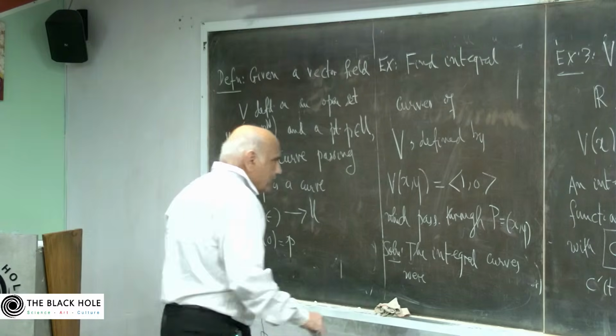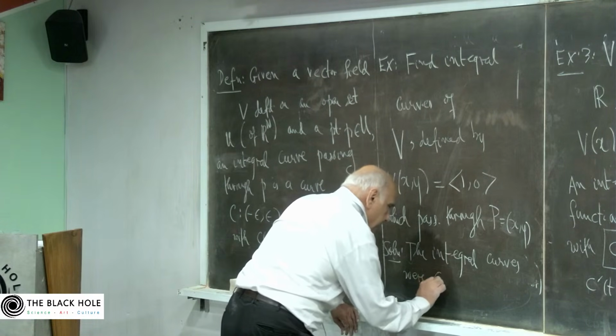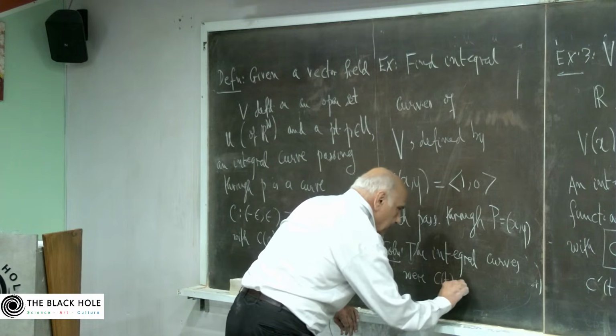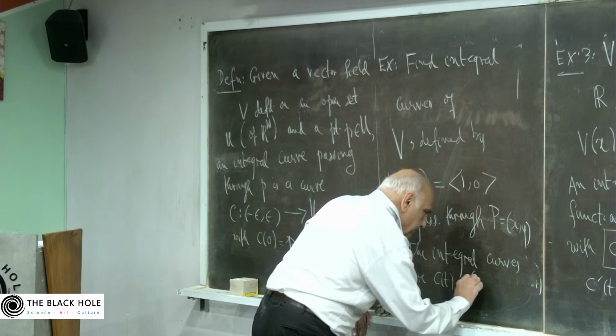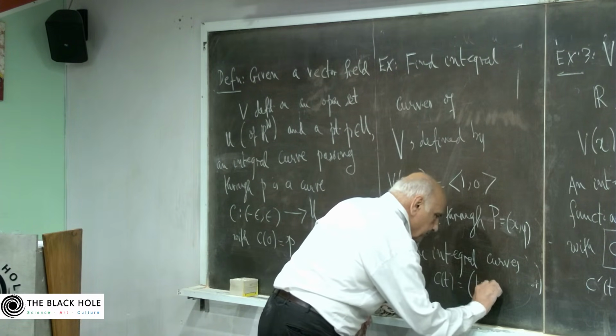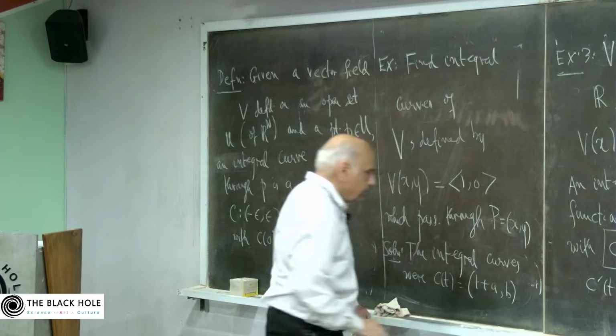So the integral curve was C t equal to t plus a, comma b, right?